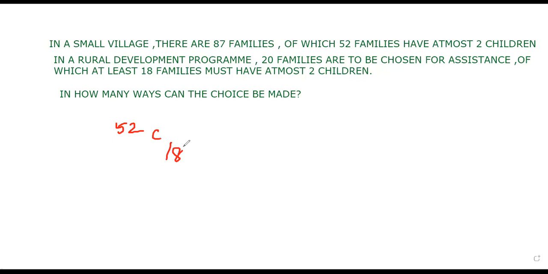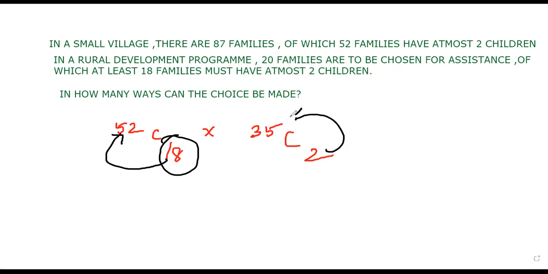So you would be choosing these 18 families from 52, and you will be selecting 2 from the 35, because they are going to select 20 families, isn't it? 18 families from 52, 2 families from 35. Can you follow?